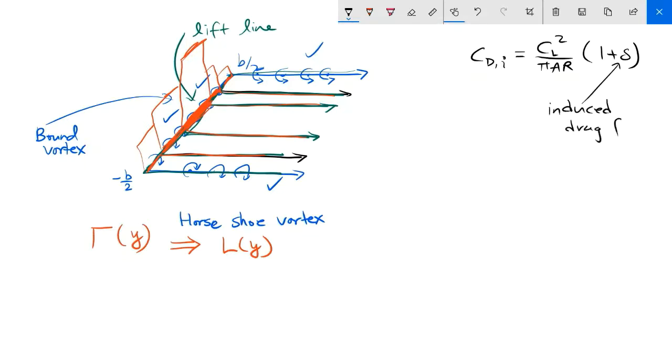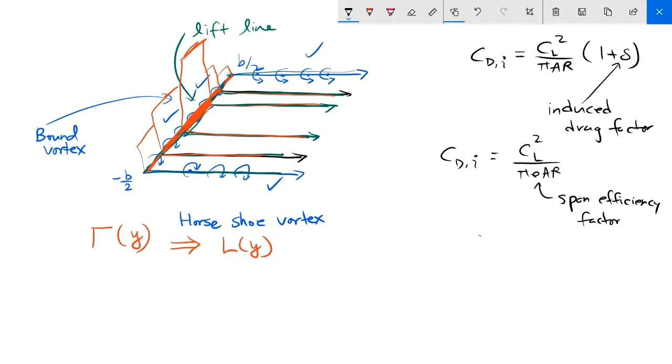Okay, so this delta is the induced drag factor. Now you may have seen this before as well in the fundamentals of flight, right? So when you saw this in fundamentals of flight, it appeared to you as CDi equals CL square divided by pi e AR, where this e was called the span efficiency factor. So you can easily see how this span efficiency factor is related to the induced drag factor.